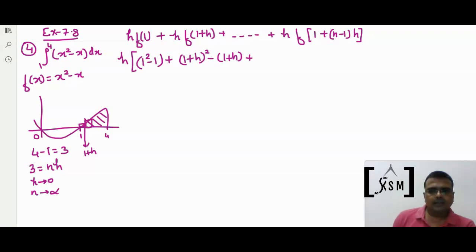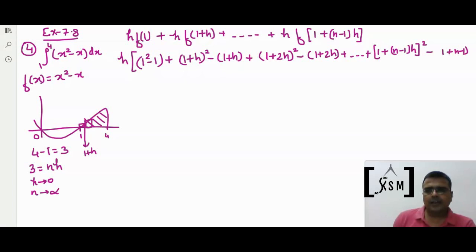And like that, the third rectangle we write (1 plus 2h) whole square minus (1 plus 2h). And like that, the last rectangle would be (1 plus (n minus 1) times h) whole square minus (1 plus (n minus 1) times h).